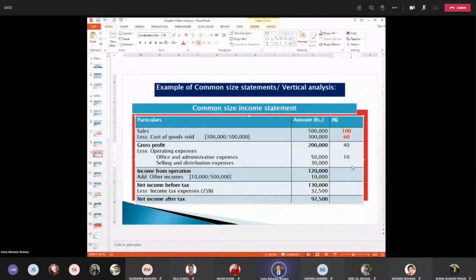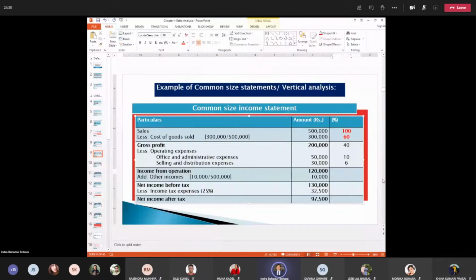Now other income. Other income is 10,000 rupees. And what percentage is other income on sales of 5 lakh rupees? 10,000 divided by 5 lakh rupees, it is 2%. So you subtract here 40% minus 10% and minus 6%.